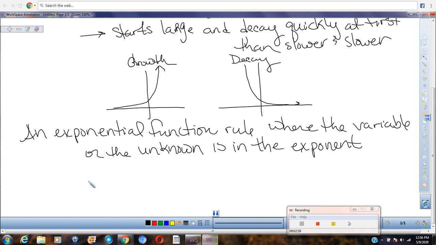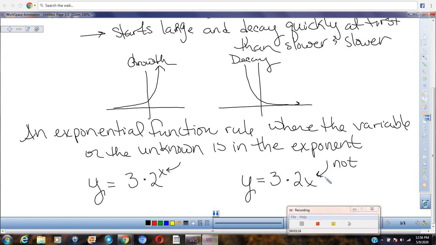So for example, if I have y equals 3 times 2 to the x, x is in the exponent, so this is an exponential function. Whereas if I had y equals 3 times 2x, x is not in the exponent, so this is not exponential. This is the difference between the two.